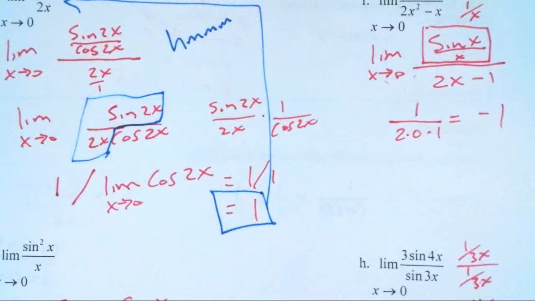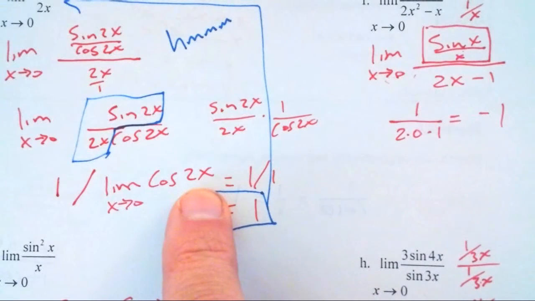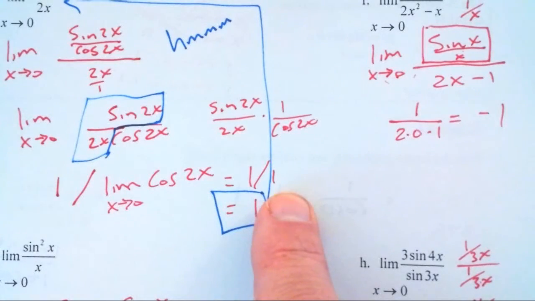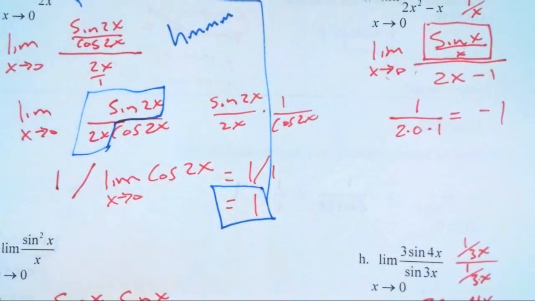I'm not claiming that's the case yet. You didn't follow that? Because if I put 0 in here, this becomes cosine of 0. Is that all right? If it was 2 times cosine of x, different ball game. We good there?